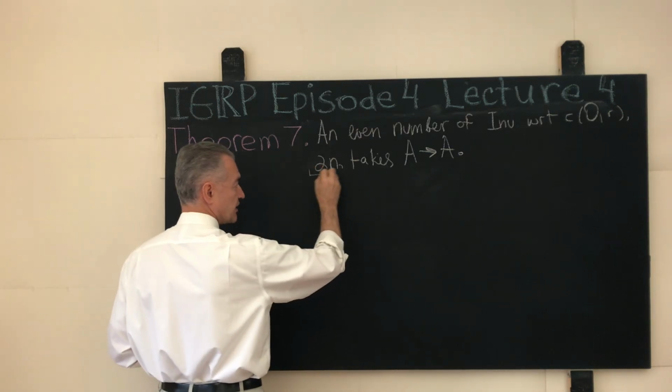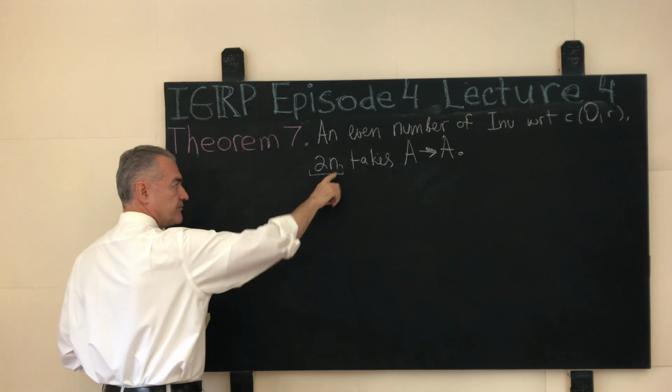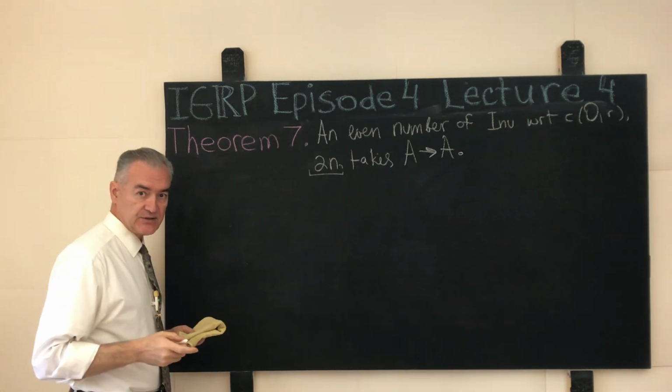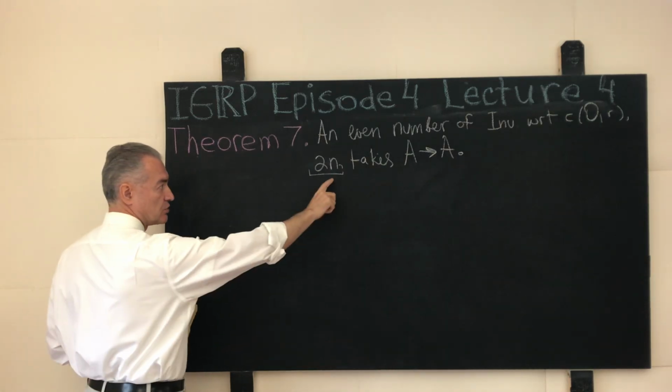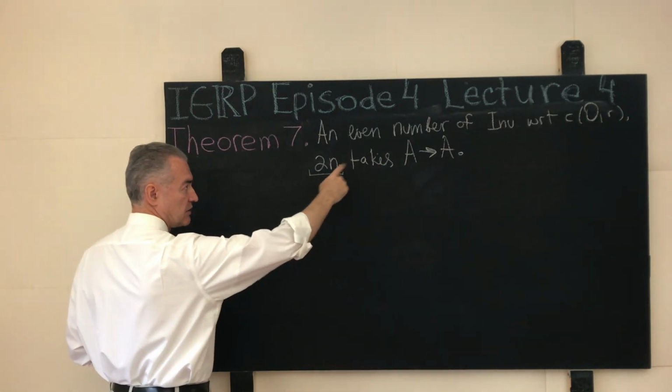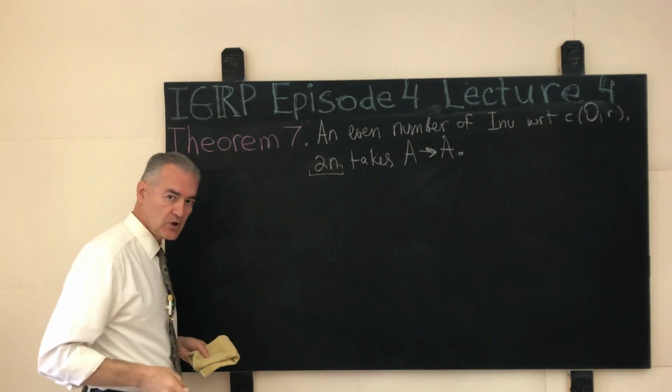Any even number is captured as 2n symbolically, where n is a strictly positive whole number, 1, 2, 3, 4, 5, 6, 7. So the number of consecutive inversions will be 2, 4, 6, 8, 10, 12, and so on.